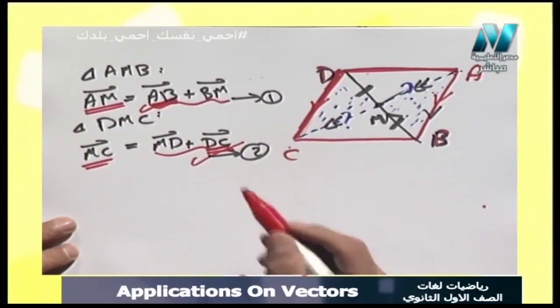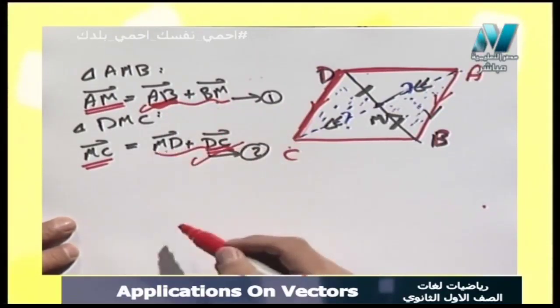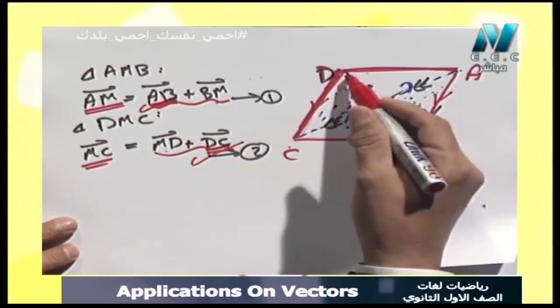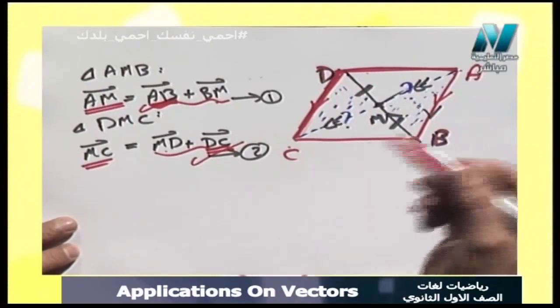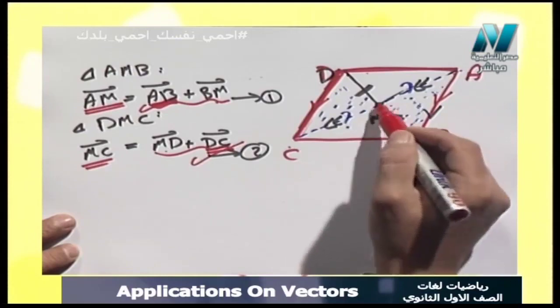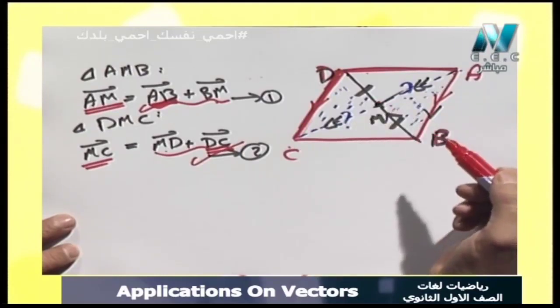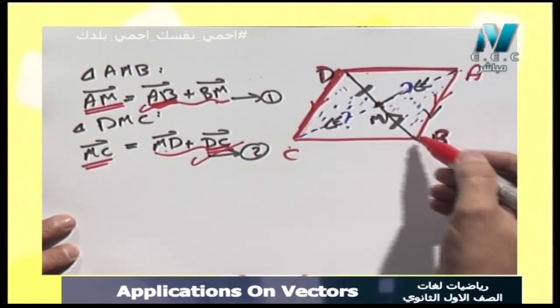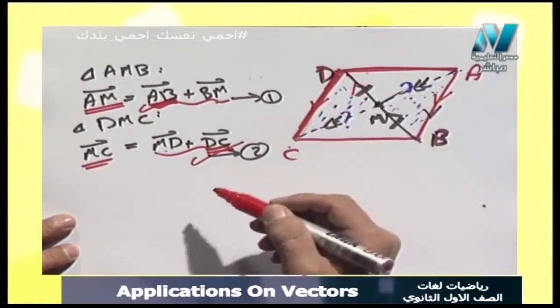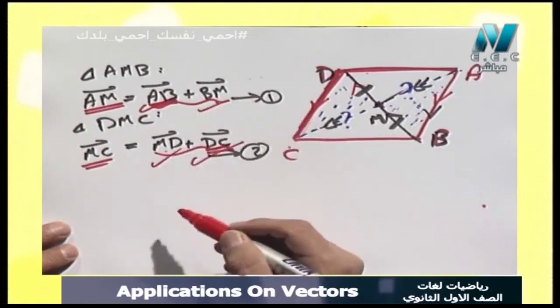What about BM and MD? BM here equals the vector MD because we have already talked about the midpoint here. And they have the same direction. BM equals MD as vectors, so this one equals this one.